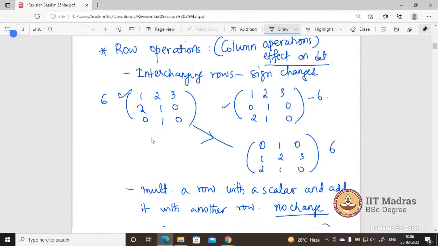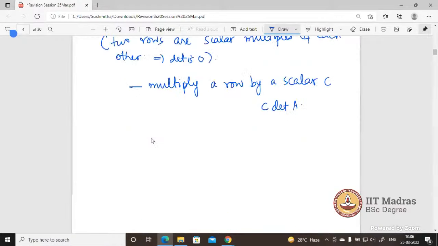What happens to the determinant of a matrix with a 0 row? Zero. With a 0 row or a 0 column, the determinant would be 0. So if you have two rows or columns which are scalar multiples of each other, the determinant becomes 0.